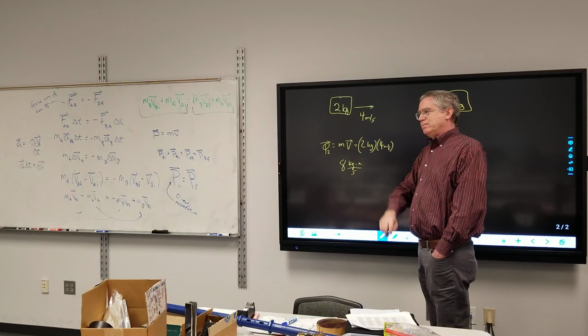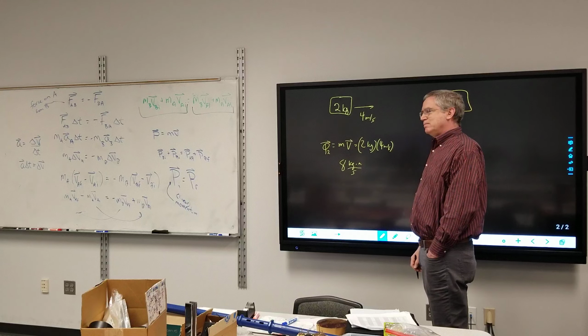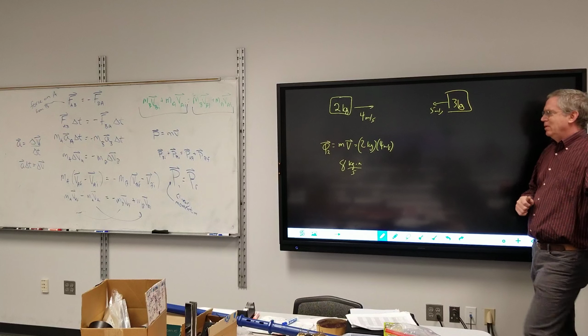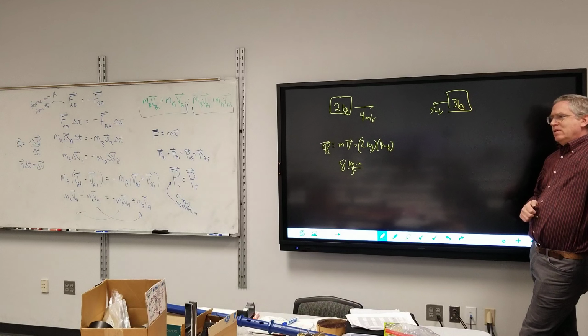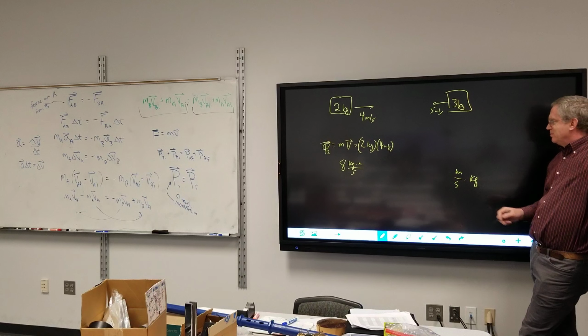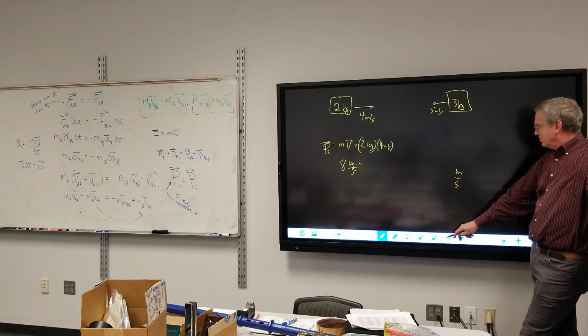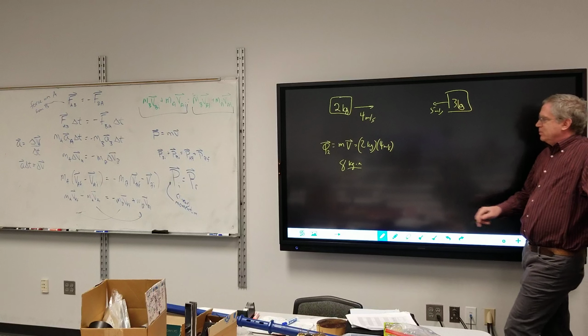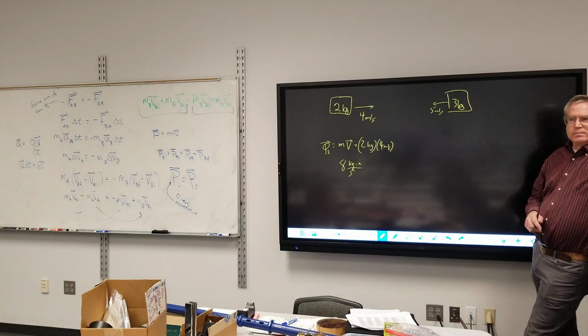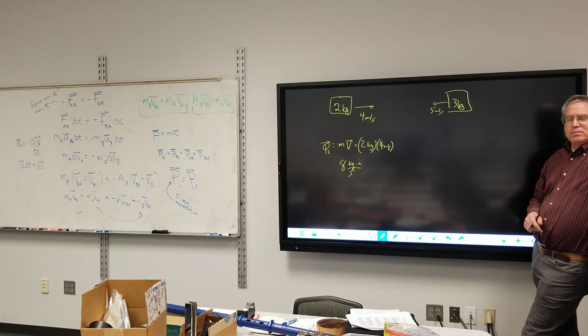Are you happy with that, Ali? I think it's kilogram times meters. I think you said meters per second times kilograms. It's the same thing. Anyone want to debate this?